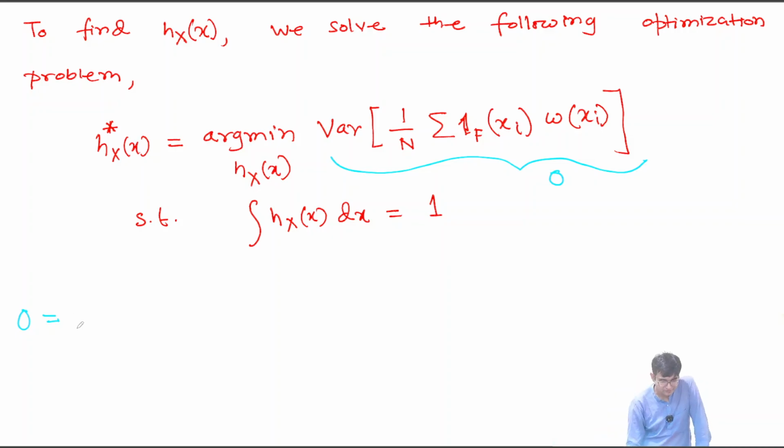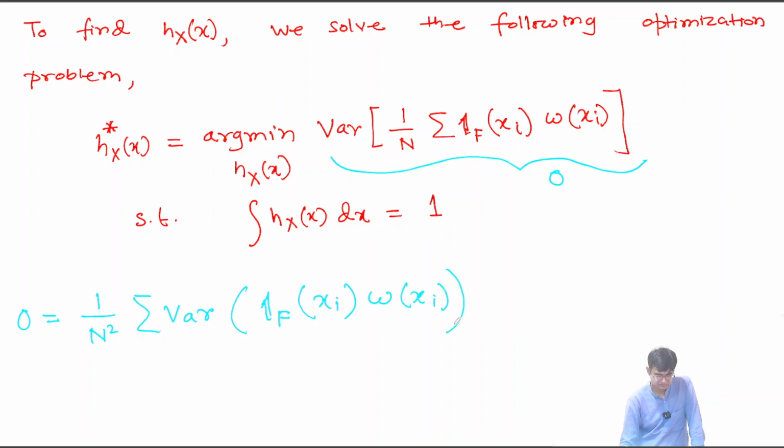So O is equal to 1 by n square summation variance of I f of xi w of xi, right?